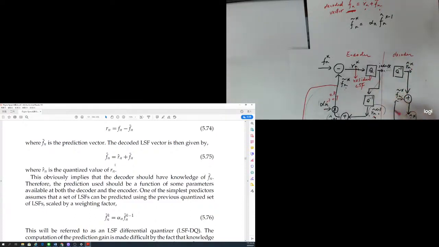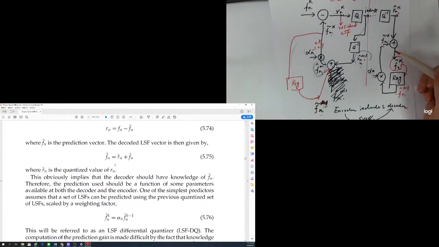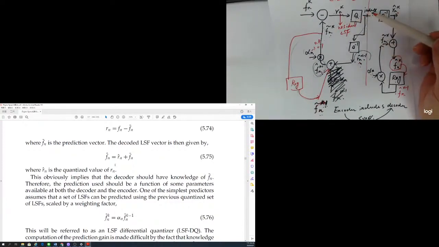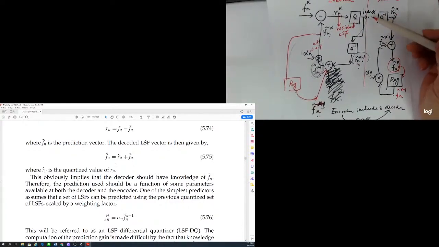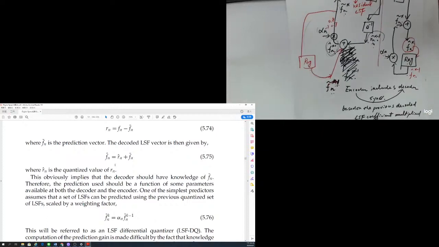But this kind of idea has a problem because it is based on the decoded signal. If you have some noise in the communication channel, the index becomes wrong. So later on, there will be an error propagation.